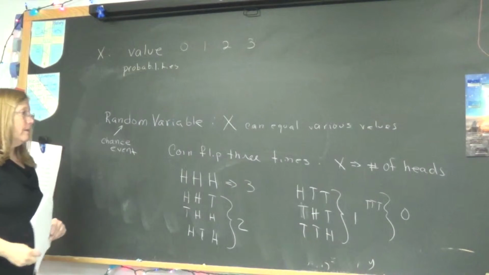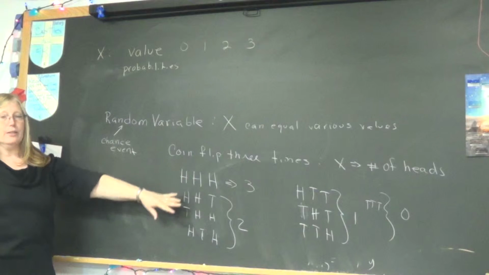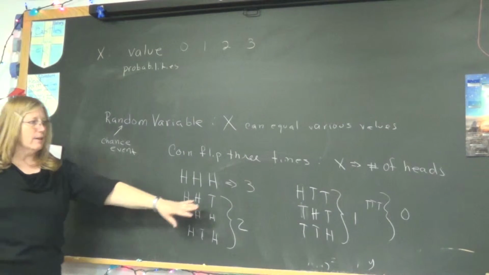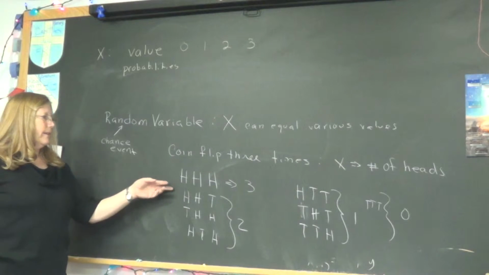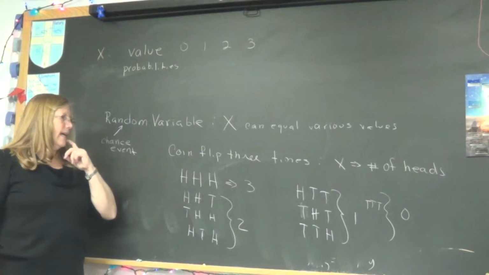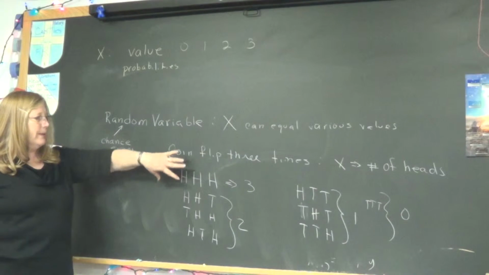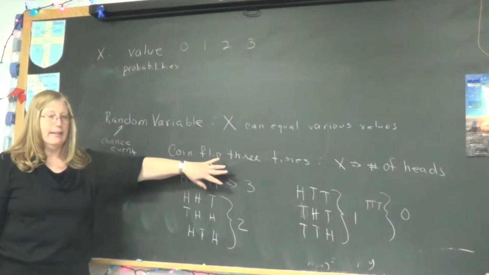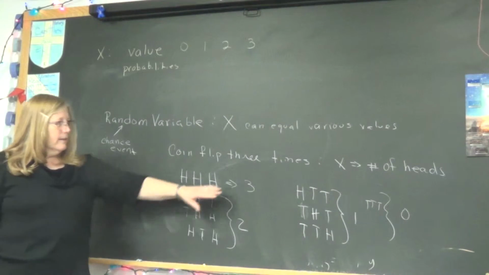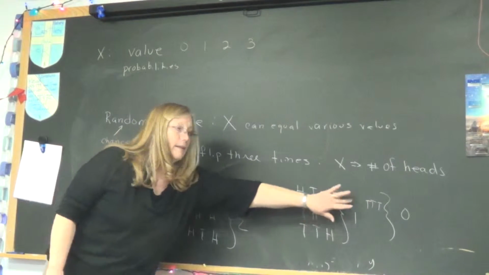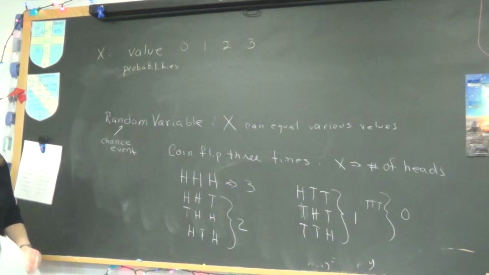All right, so a lot of times the author of this text will give you the probabilities. On this one, since we have all the outcomes, let's calculate them. So Elena, you started out with the heads, and there was 3 of those. What's the probability of getting 3 heads when we had how many possible outcomes? 8 possible outcomes. 1 out of 8.